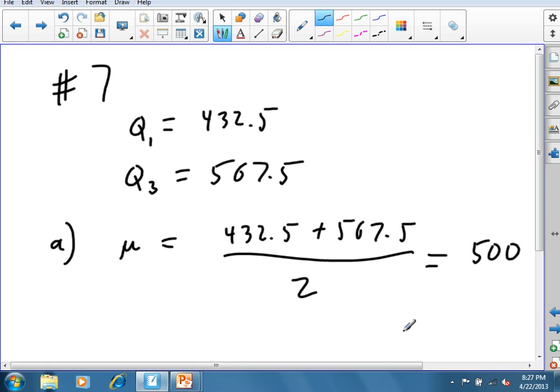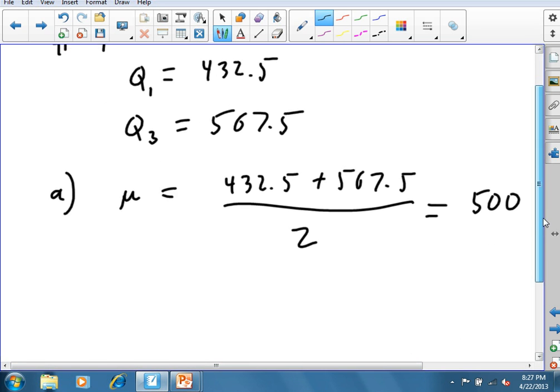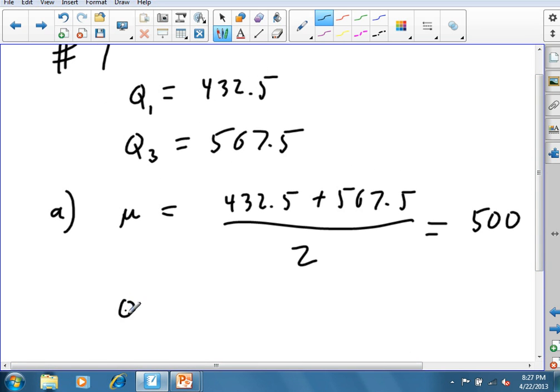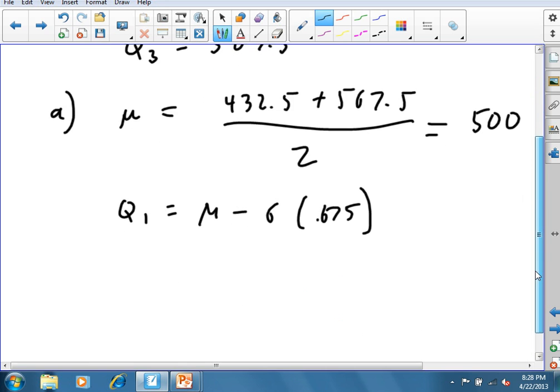Find the standard deviation rounded to the nearest point. Okay, so Q1 is equal to mu minus standard deviation times 0.675. I knew I'd remember it, or one of you would remember it.